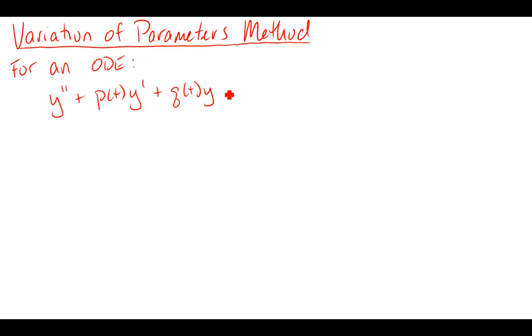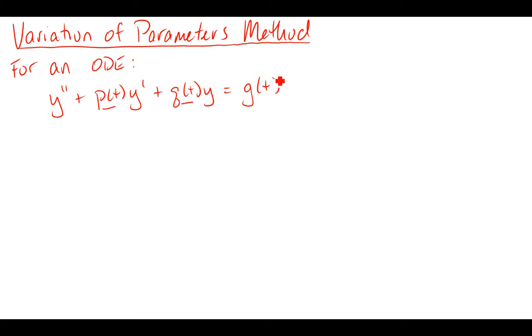Now what's different about this one from the one we've been looking at for the last video or two is that you can have t stuff. P of t and Q of t just mean you might have some t's, so t squared and sine of t, or whatever you want. You can have those things.